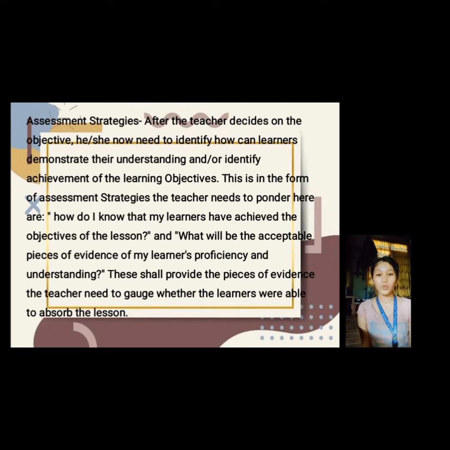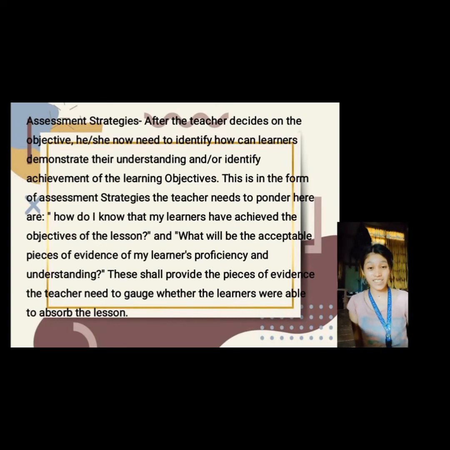Here are the questions: how do I know that my learners have achieved the objective of the lesson, and what will be the acceptable pieces of evidence of my learners' proficiency and understanding? This shall provide the pieces of evidence the teacher needs to gauge whether the learners were able to absorb the lesson.